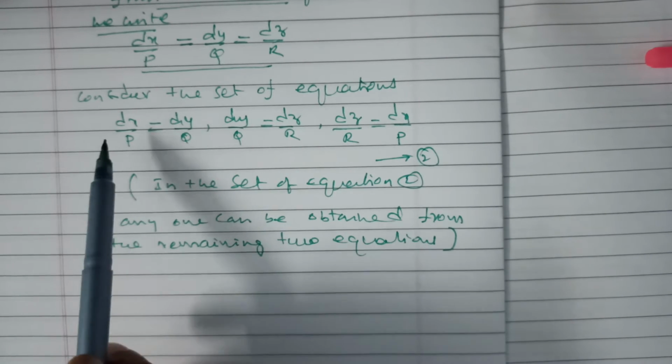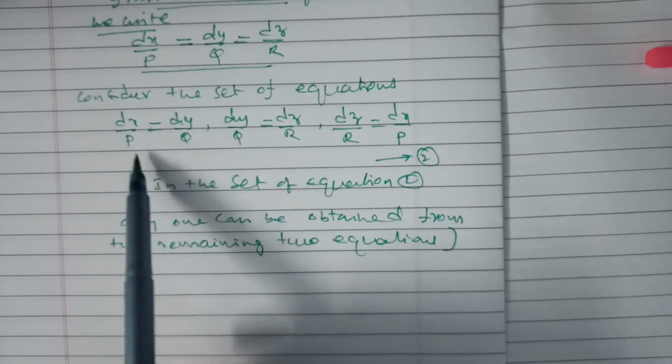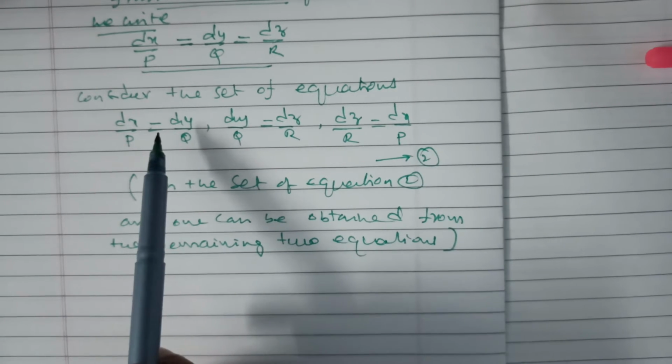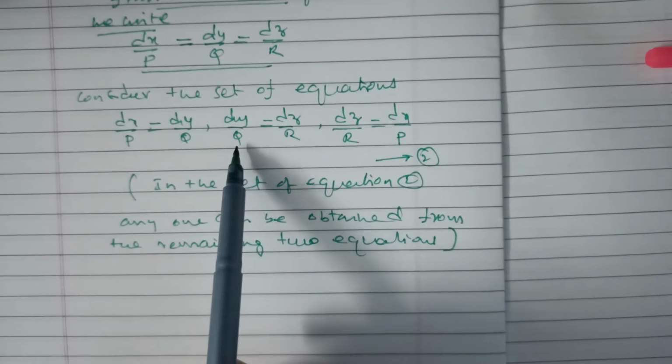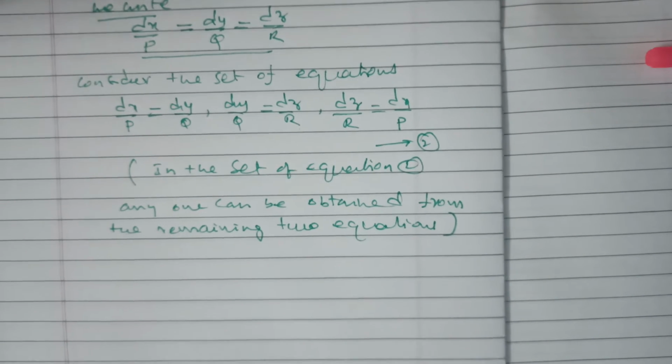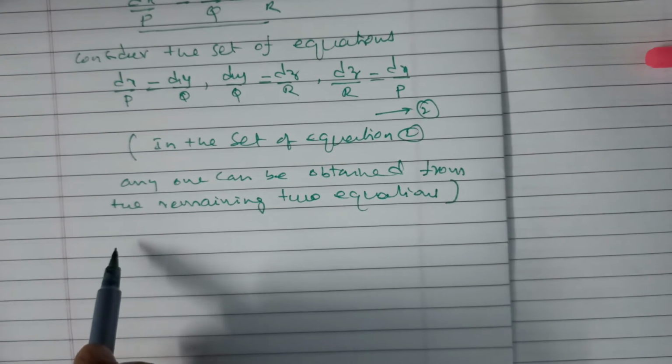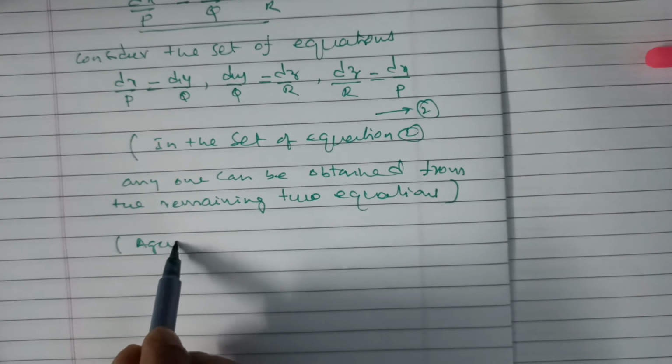That is, suppose dx by p is there in these two equations, and dy by q in the second set of equations is there, so that any one can be obtained from the remaining two equations.